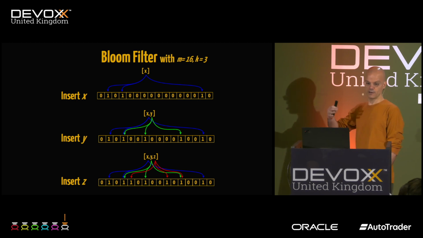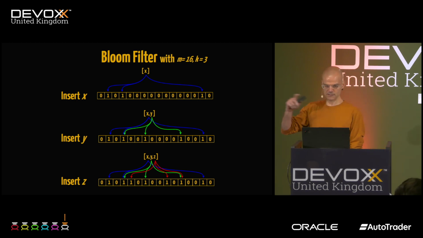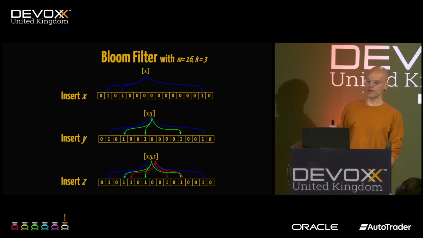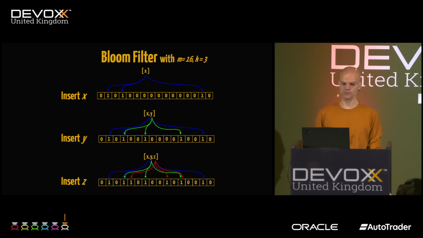Let's start in this slide. The first item we insert is x. So we apply the first hash function to x, and we get a number as a result. In this case, for x, the first hash function returns 1, which is the second item in the array.